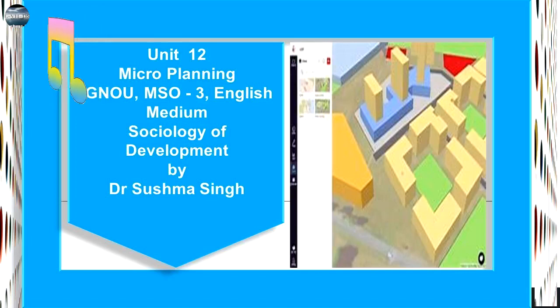It also offers a framework for decentralizing economic and social activities by locating specific functions at appropriate places. Thus, location of specific socio-economic activities and their interlinkage over a region are the major concerns of micro-level planning.